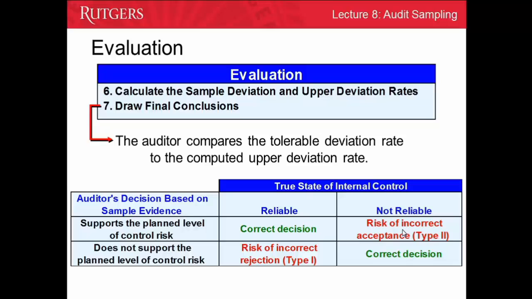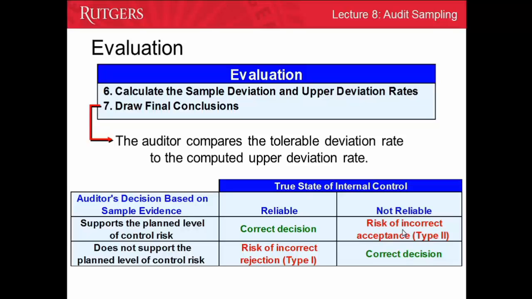Similarly, if the evidence does not support the planned level of control risk and the internal control is not reliable, a correct decision has been made. The other two combinations result in decision errors by the auditor.